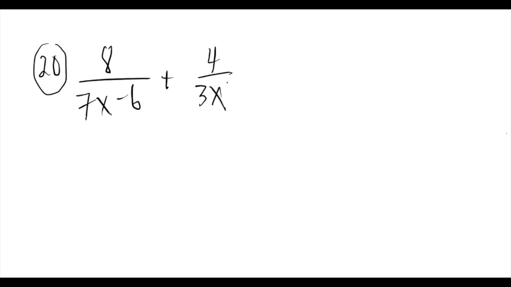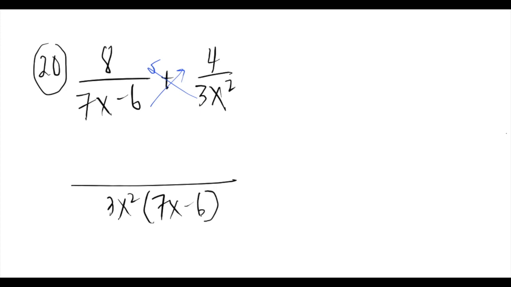Number 20, we have 8 over 7x minus 6 plus 4 over 3x squared. Okay, pareho lang tong prime, so cross-multiply lang tayo. Ang LCD natin is going to be 3x squared times 7x minus 6. 8 times 3x squared plus 4 times 7x minus 6.